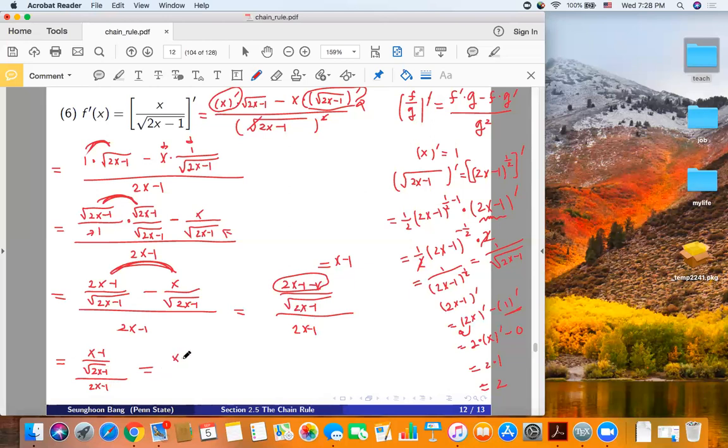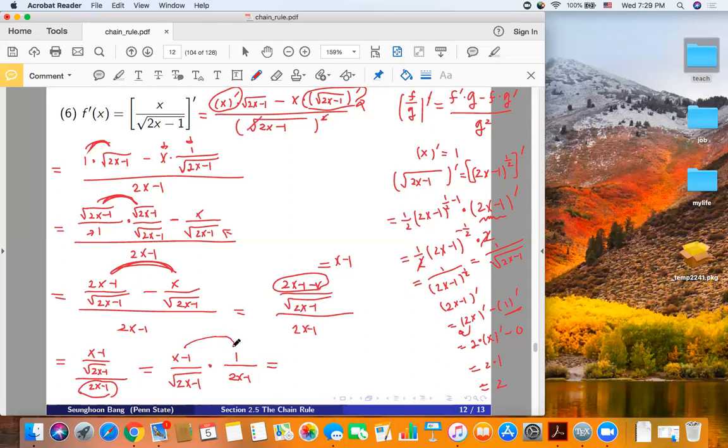The numerator is x minus 1 over the square root of 2x minus 1, times the reciprocal of the denominator. The reciprocal of the denominator is 1 over 2x minus 1. You can combine.